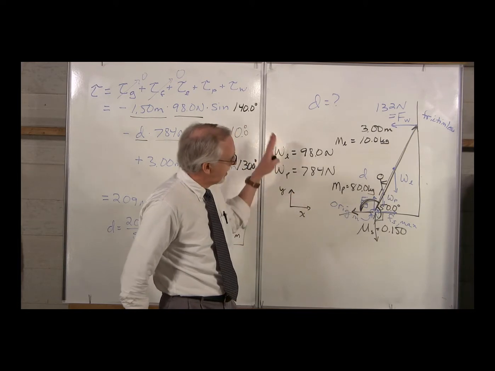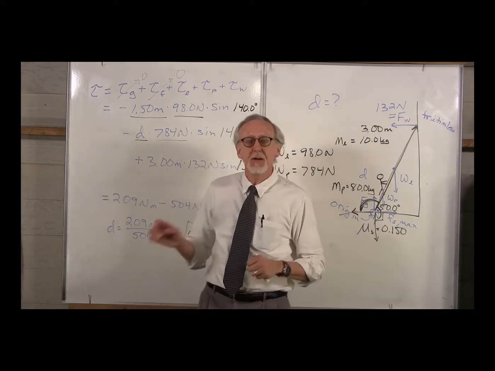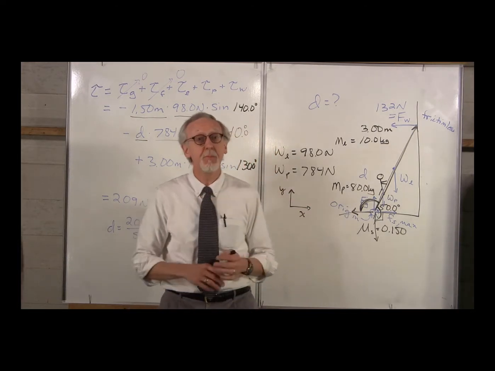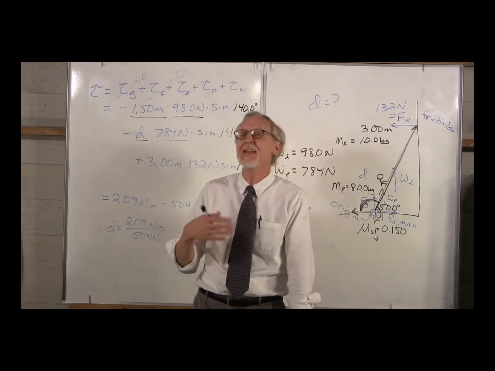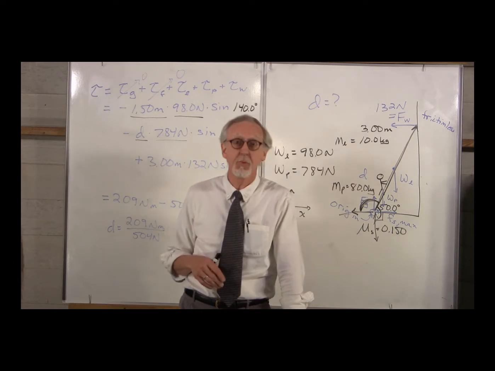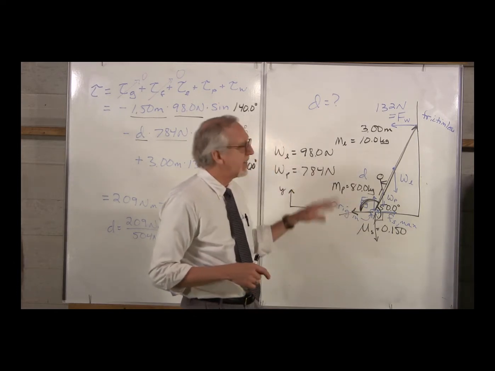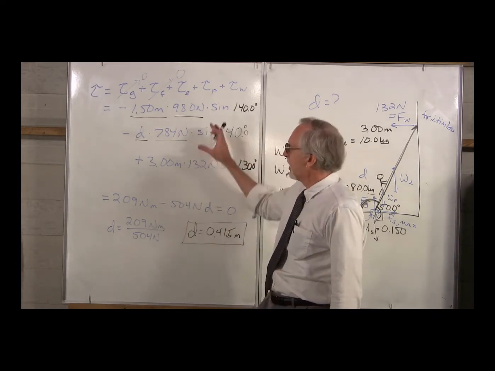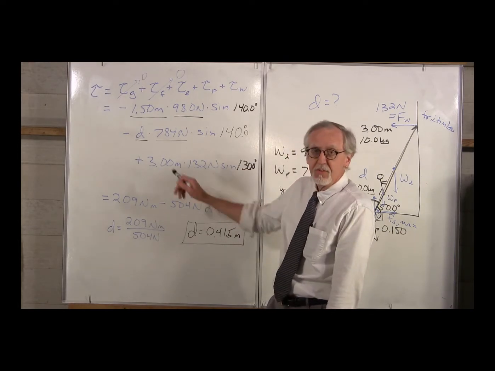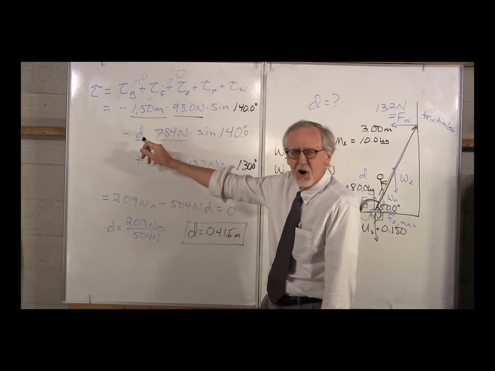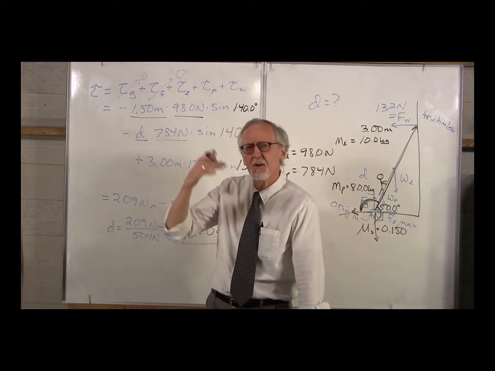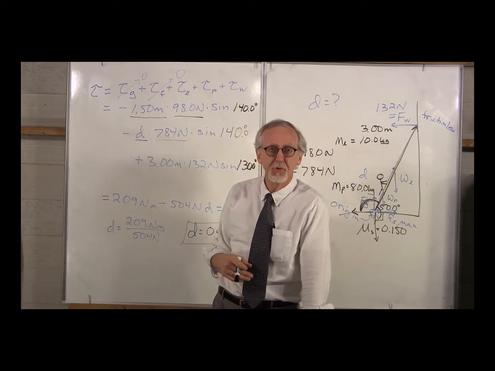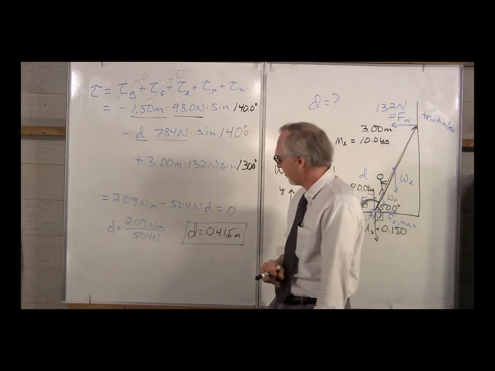That actually helped us, remember, determine the value for the frictional force, because we knew it had to be equal to mu s times the normal force. Then, looking at the torque equation, we stuck in everything else that we knew. The only thing we didn't know was that distance d, how far up the ladder the person had gone, and we could then solve for d.